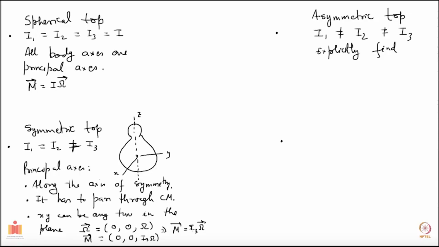They always imagine the top spinning about its nail, so they feel that omega can only point along the nail. But I would encourage you to convince yourself that that is not true. It's not the most general thing.